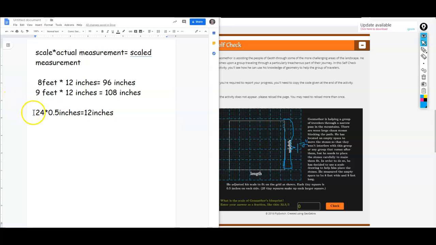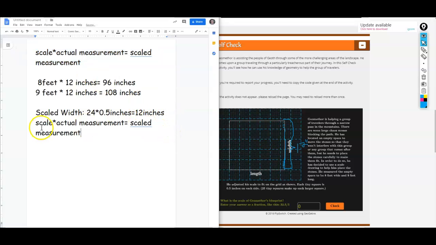So let's just mark that right there. Width. Okay, so this is the scaled width. So if we come up here and use this basic equation, we don't know what the scale is. We do know that the actual width is 96 inches.